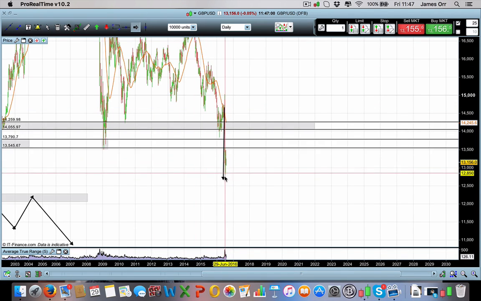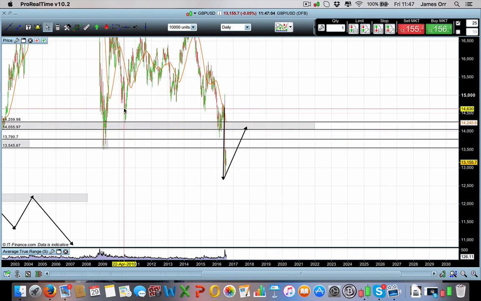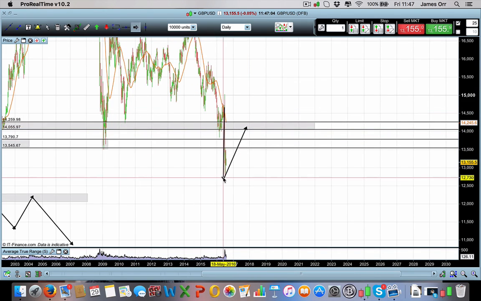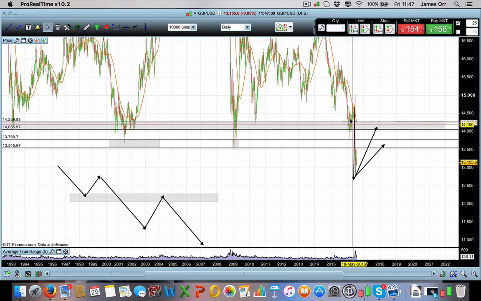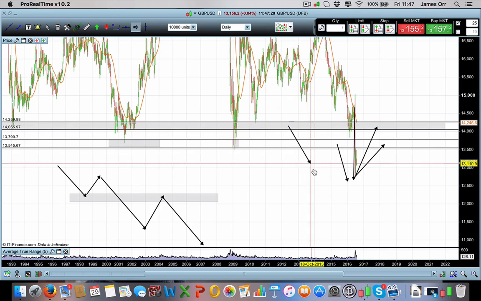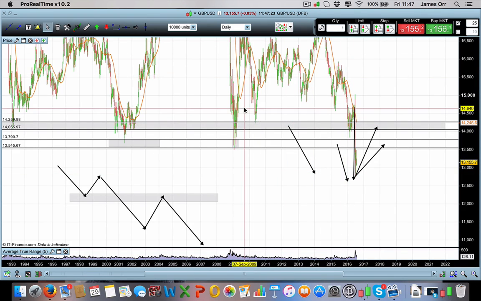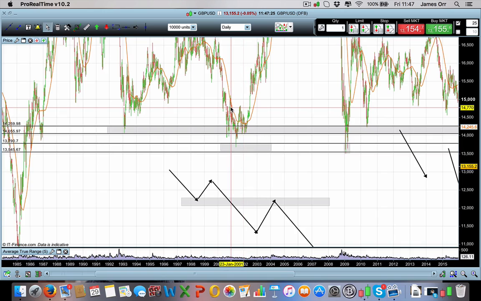Where's a good level to look for it pulling back into? One of these levels. With your good trading plan, good price action, these would be areas I would be watching to jump back into this market on the short side.